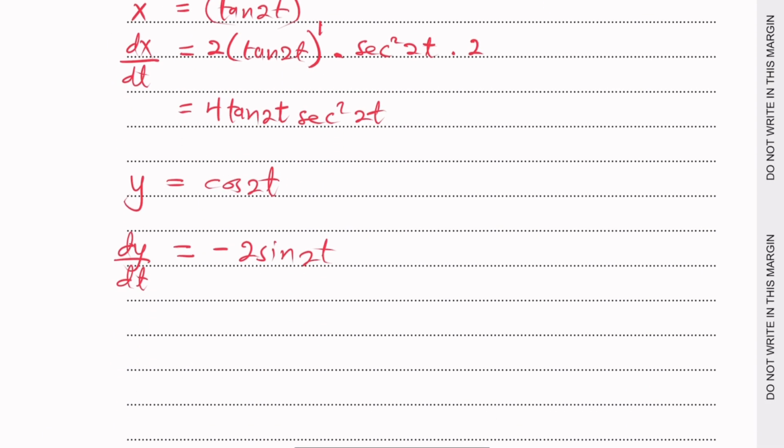Okay, now the next thing is we need to write dy/dx. And this is where I show you how to do a good chain rule setup. So you write dy, then you write a dx, because the dy is the numerator, dx is the denominator. Then we bring our multiplication sign here.